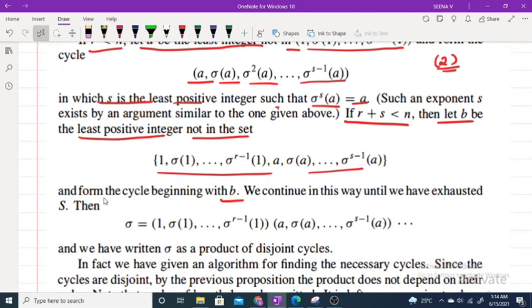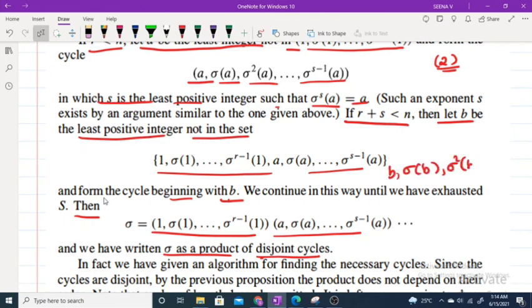We continue in this way until we have exhausted all elements. Then σ is a product of disjoint cycles. Here we get another cycle beginning with b: b, σ(b), etc., σ^(t-1)(b).